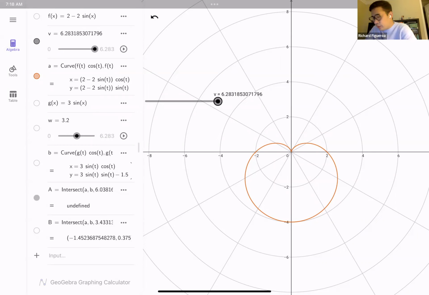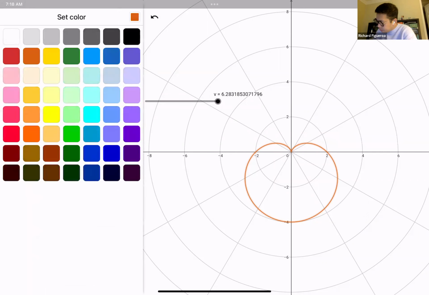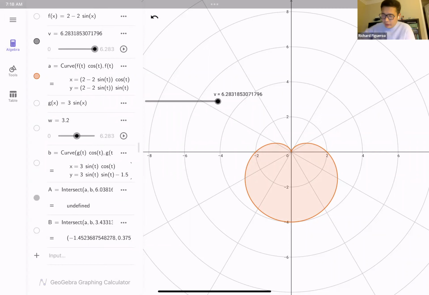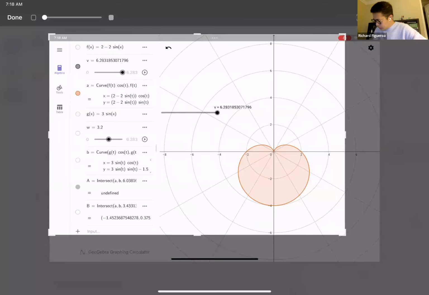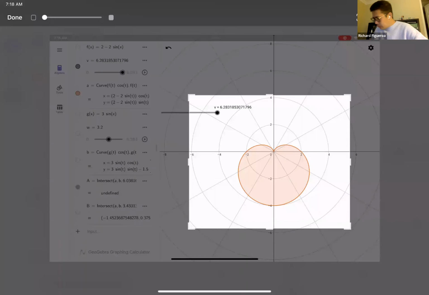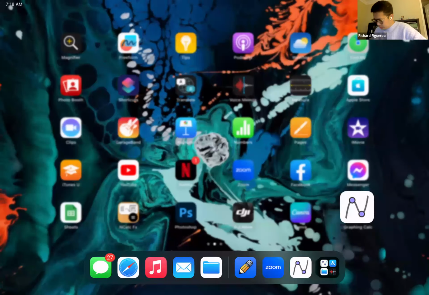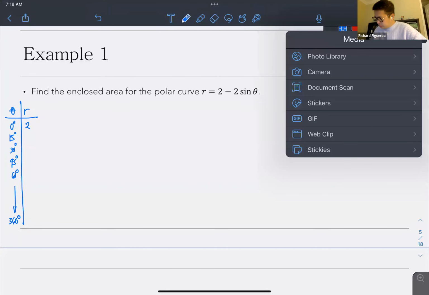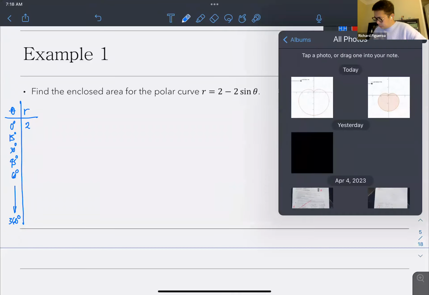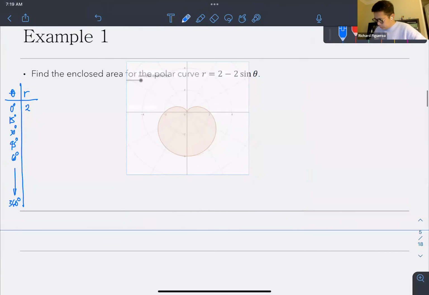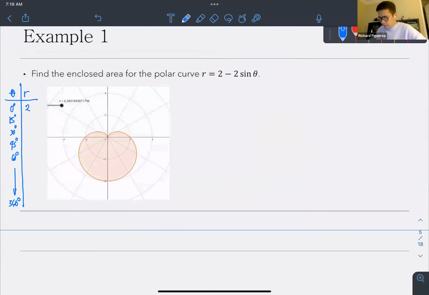So how do we find the area of this? I'm going to plot. Now we have our graph.